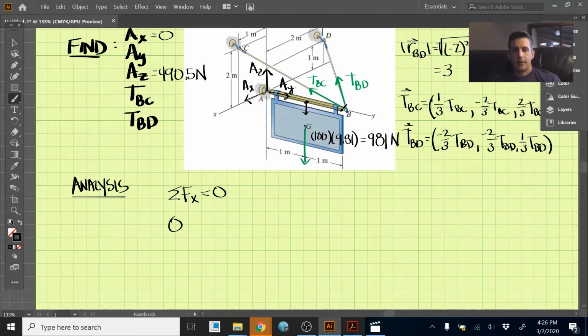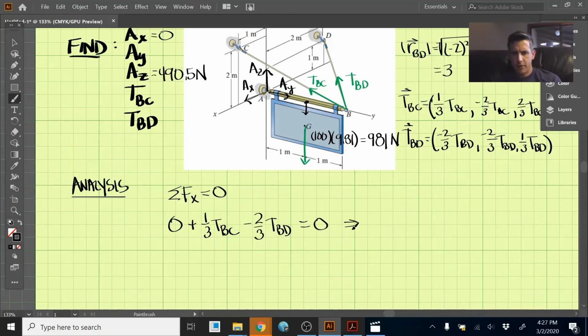And TBC here, in the x direction, we have plus 1/3 TBC. And TBD, we have negative 2/3 TBD. And the sign hanging here has no component in the x direction, so we don't need to worry about that. And those should be equal to 0.